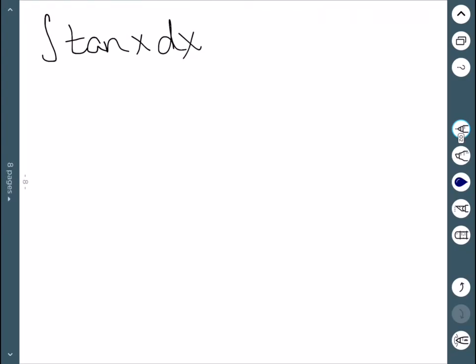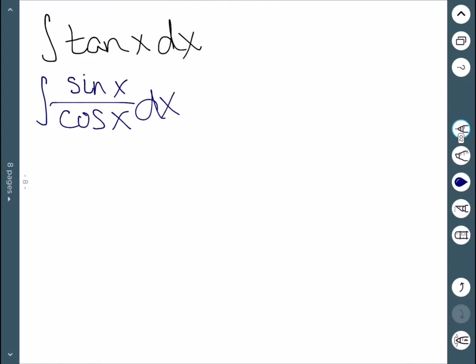One more, the integral of tangent x dx. This may not immediately look like a substitution problem because it's not a product. However, we can rewrite tangent as sine x over cosine x. And now we can actually pick a u. We're going to let u be equal to cosine this time, in particular because we can't have du be on the bottom of a fraction.